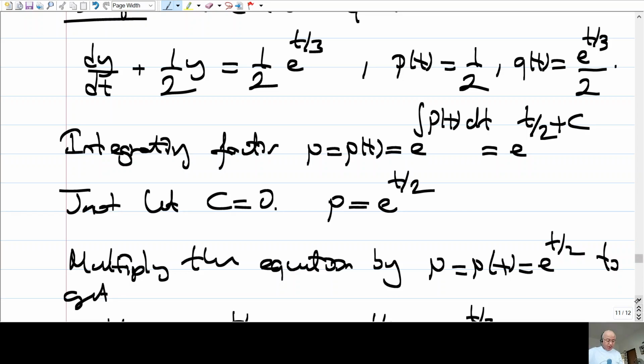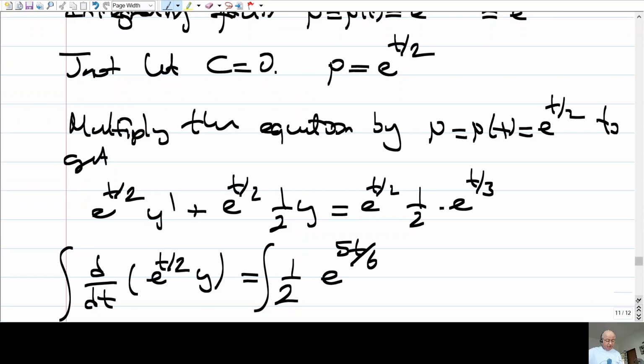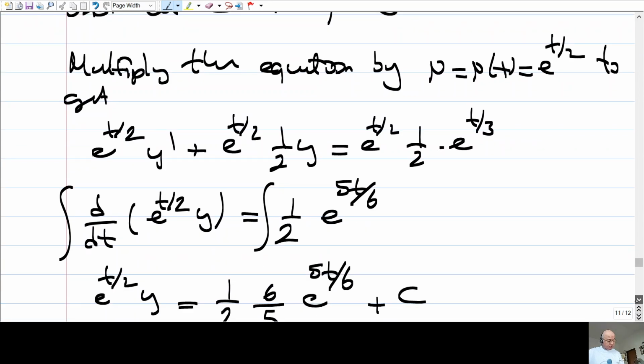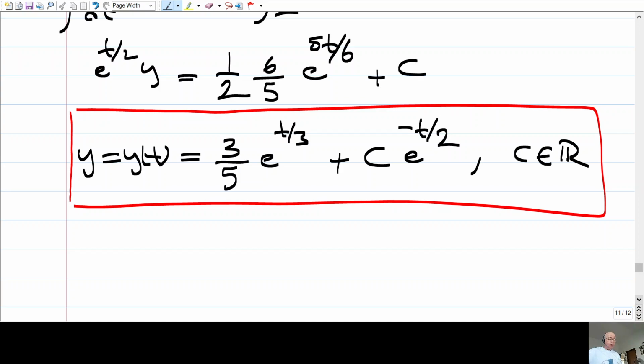And then we multiply our equation by this integrating factor, and we see that the left hand side becomes just the derivative of y times e to the power t over 2, and then we integrate both sides and solve the equation.